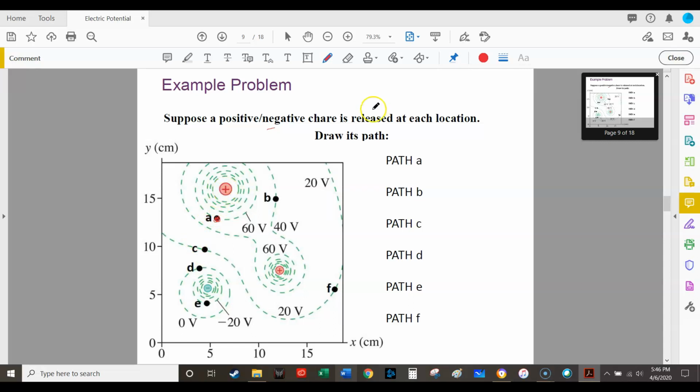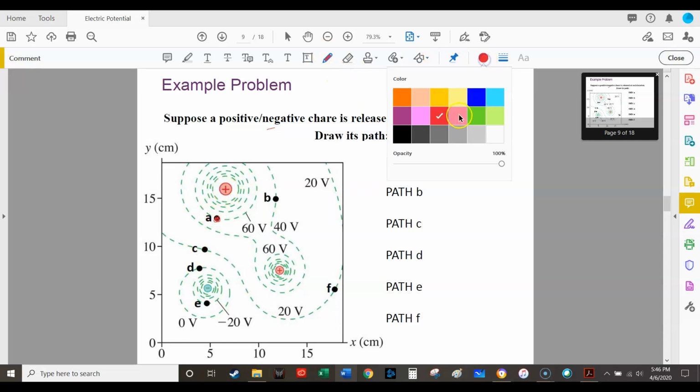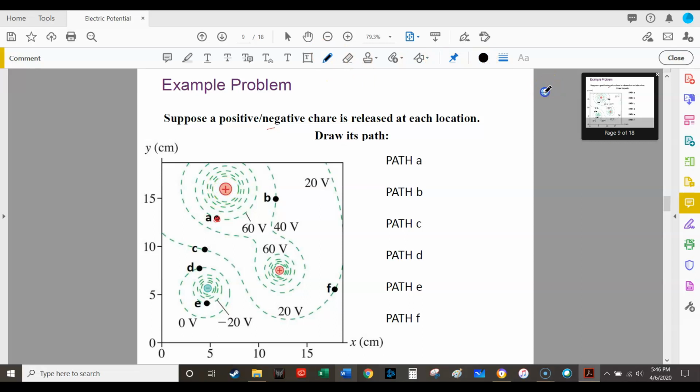So what we can do as a quick hack is actually just draw the electric field. And the electric field would, interestingly enough, flow along those lines, from positive to negative. And so a positive charge is going to follow the electric field.